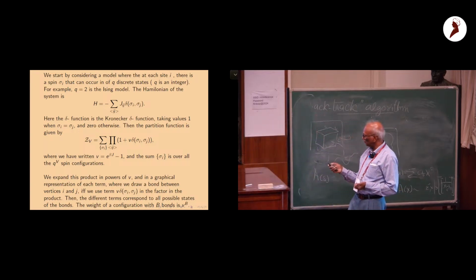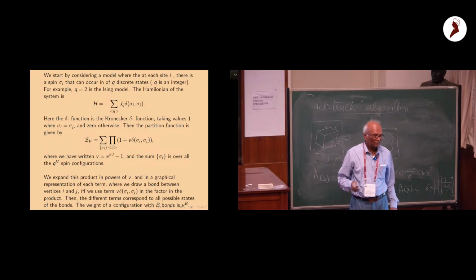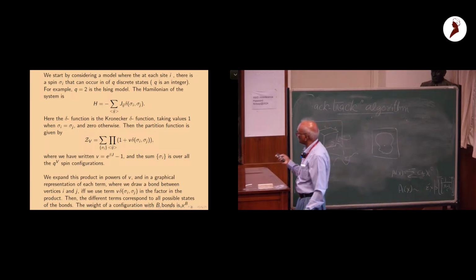This product over all bonds gives you this exponential of this weight function. So v is e to the power beta J minus 1, and the full product gives you exponential beta H, and then the summation gives you the standard summation.